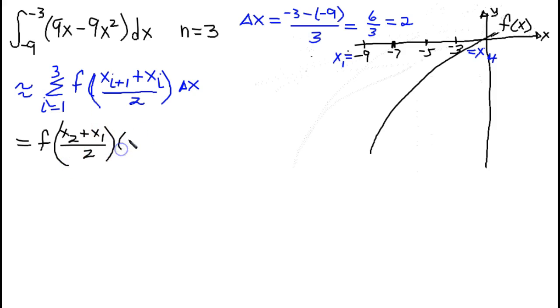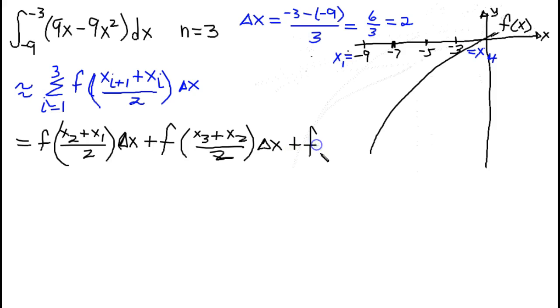Plus, when i is equal to 2, f of (x sub 3 plus x sub 2) over 2, multiplying that times delta x.